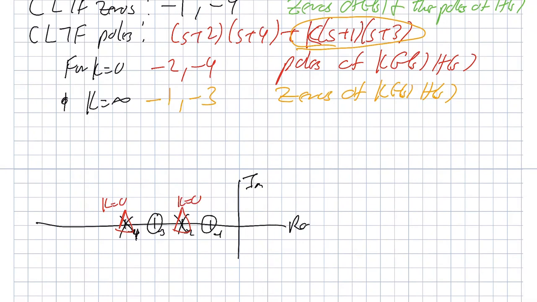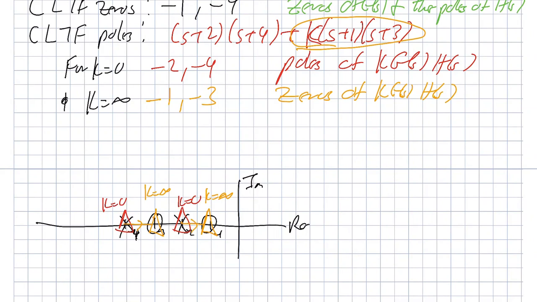When k goes to infinity, they're at the open loop transfer function zeros, so they moved over here. We've moved from the open loop transfer function poles to the open loop transfer function zeros.